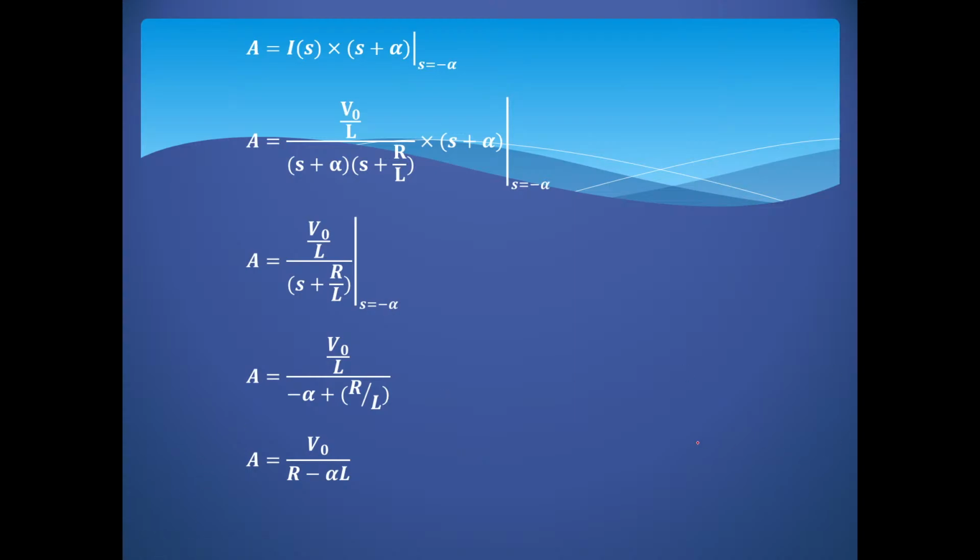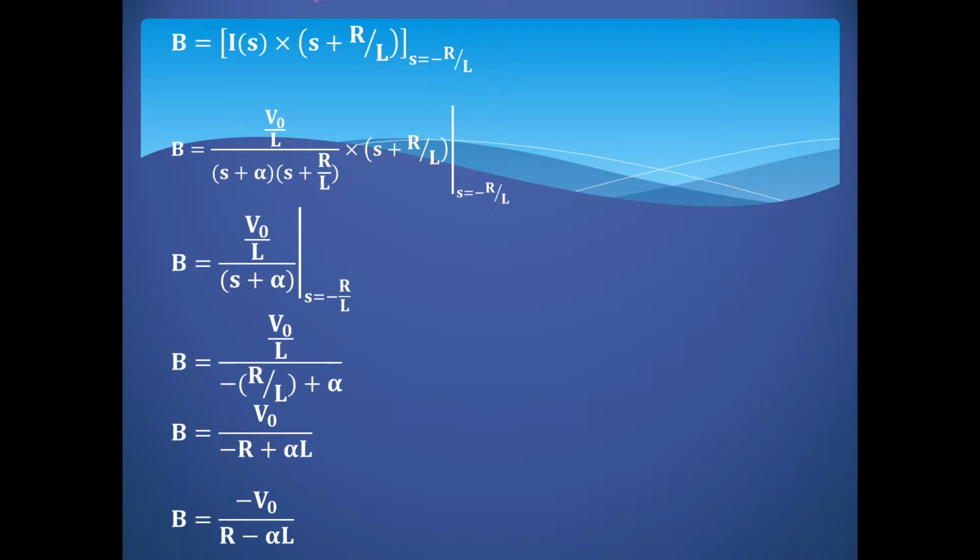Similarly, determine B. So to determine B, B is equal to I of s into s plus R by L at s equal to minus R by L. This is the denominator of B, isn't it?